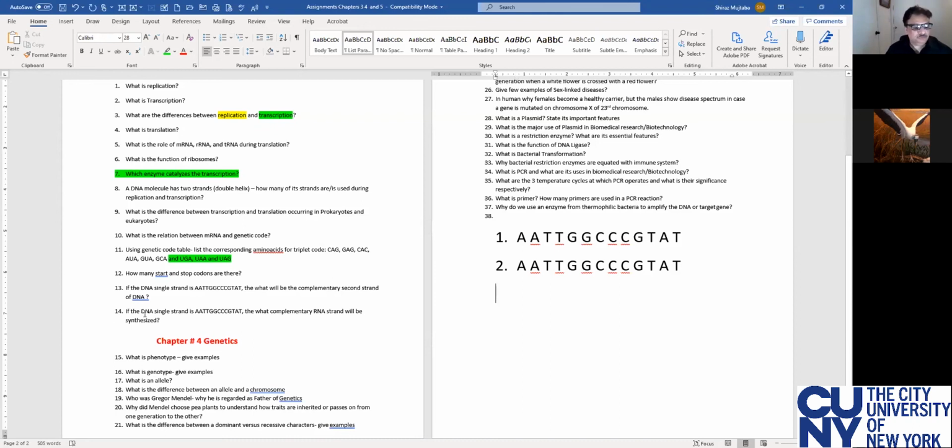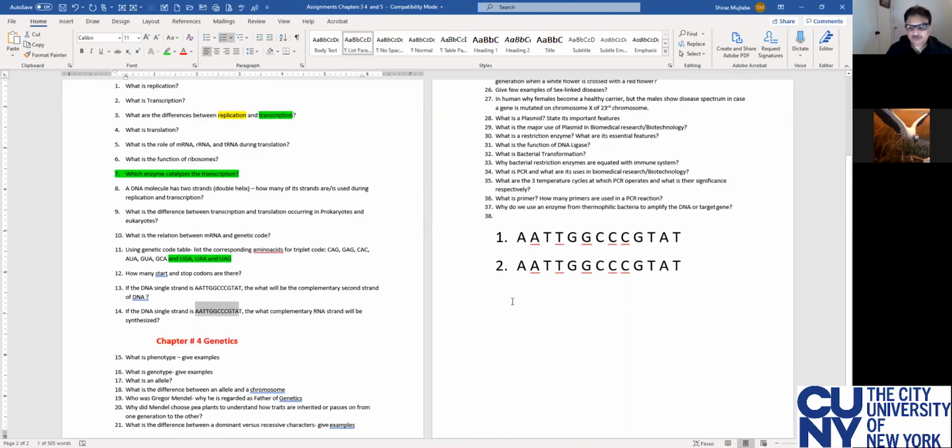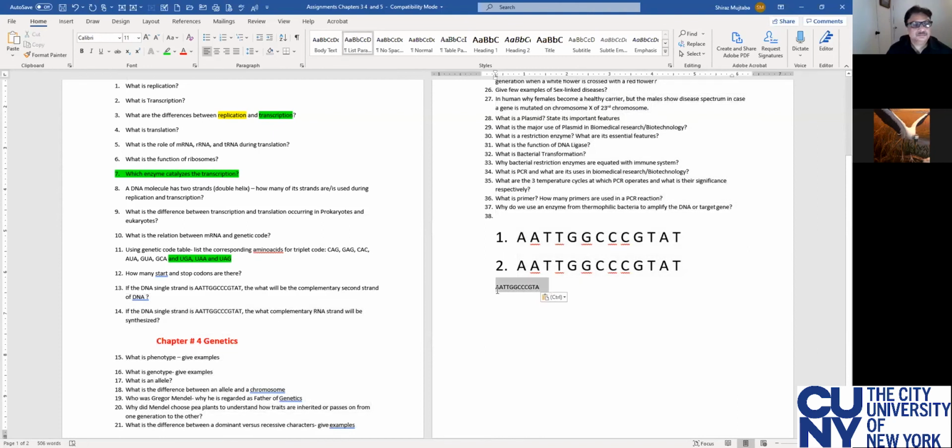The question number 14 is, if this is the sequence of DNA, then what will be the sequence of RNA?